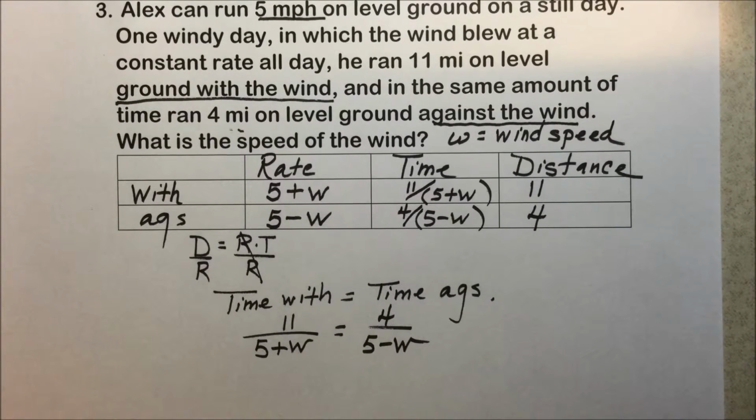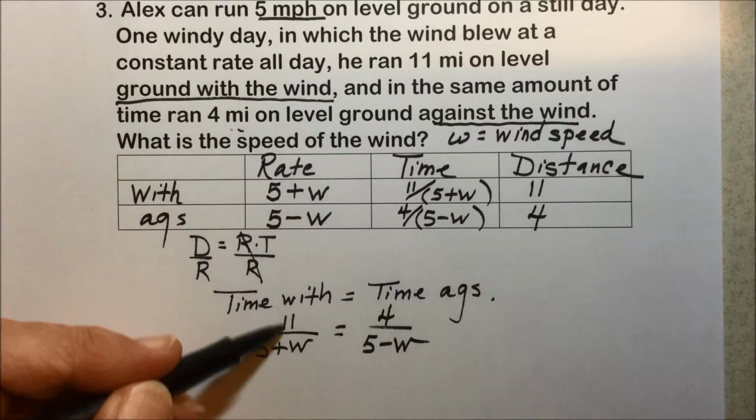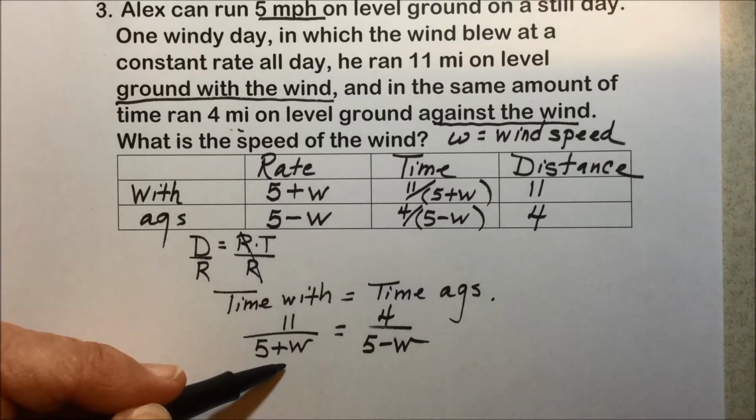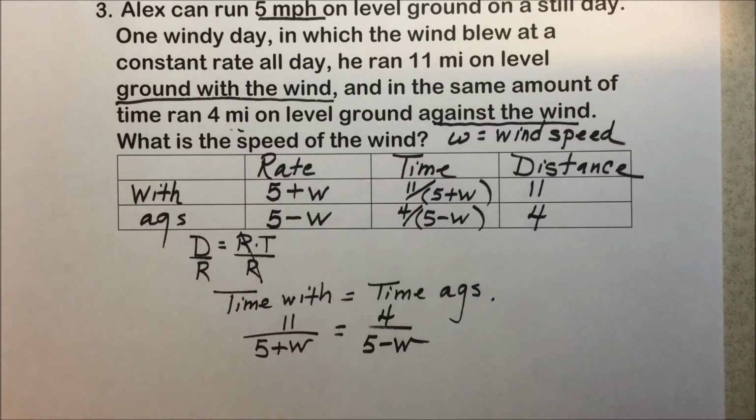Normally, we would multiply by the least common denominator, which is 5 plus W and 5 minus W. We can multiply both sides by that amount, but in this particular problem, since we have a rational number equal to another rational number, we can actually solve this by using cross multiplication.